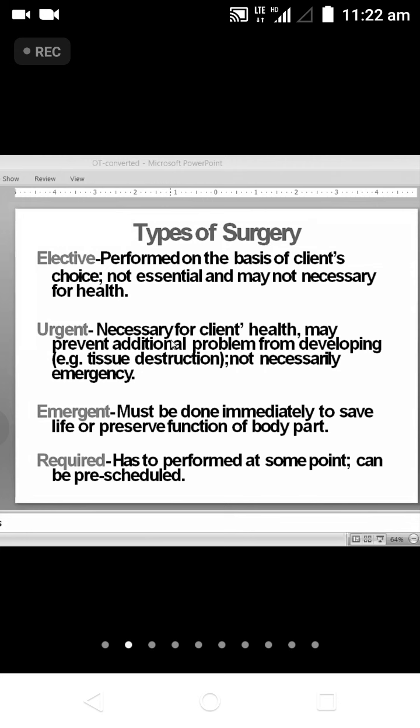The patient definitely needs the surgery, but because the patient has some other additional problems, to stabilize the patient's body you wait for that day to come. That is called urgent surgery. You can wait until the patient is medically stable.